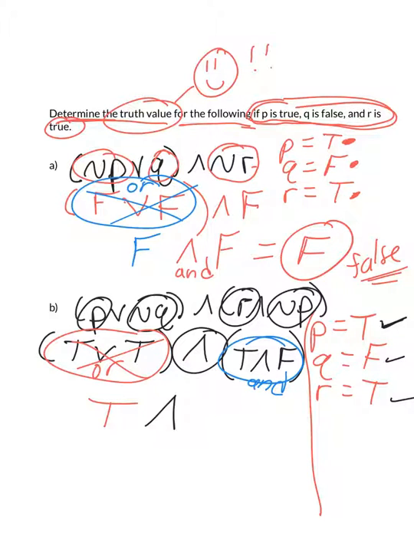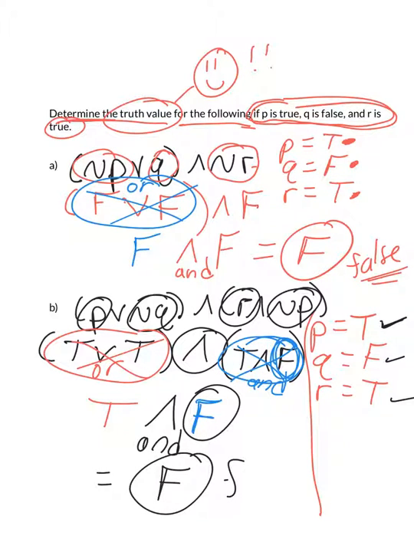And is very strict, so if you have at least one F, and we do, the whole thing is false. I'm color coding it. So T and F makes an F, which I've put in blue down here. And finally, one more round. I have another and surrounded by a T and an F, so we have at least one F again. Whole thing is false. So final answer, the truth value just happens to be false yet again.